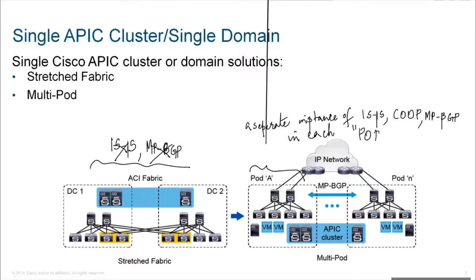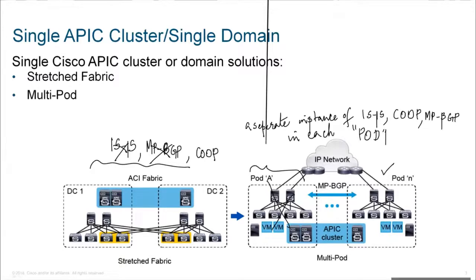And I'm putting the word pod in double quotes because there is actually a creation of a pod when you go with this design. So if I have a problem with ISIS in pod A, pod B will still work fine, pod C will still work fine. So here it's the same instance of all of my control plane protocols.